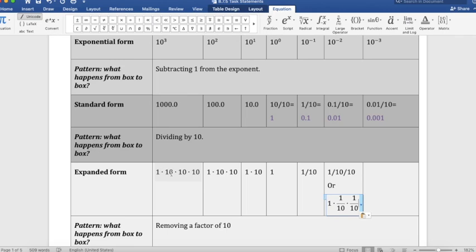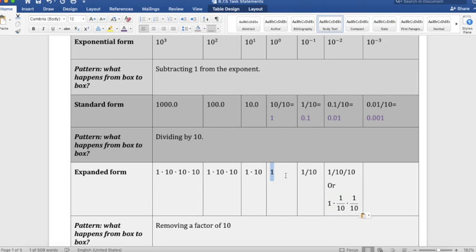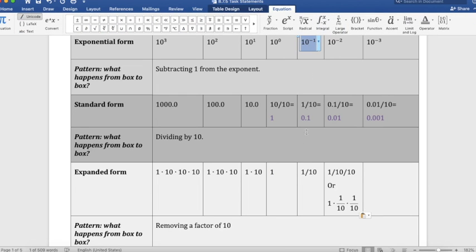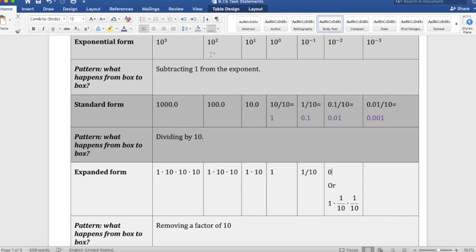Alright, so we had times 10 times 10 times 10, times 10 times 10, 10 to the first, 1 times 10, 10 to the 0 is just 1, 10 to the negative first power is 1 over 10, 10 to the negative second power is 1 over 10 times 1 over 10, or I'm going to change how I'm writing this one, because it looks bad.